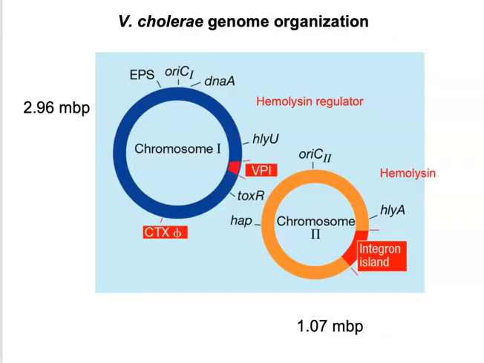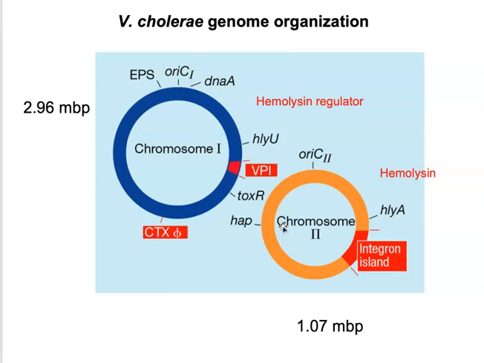As far as the cholera genome organization that I'd mentioned, normally microbes have a single large chromosome, usually circular, but not all. Some are linear, like Borrelia, for example. And typically all the housekeeping functions are here on chromosome 1, and then chromosome 2 is a smaller chromosome that often contains a lot of niche-expanding characteristics.